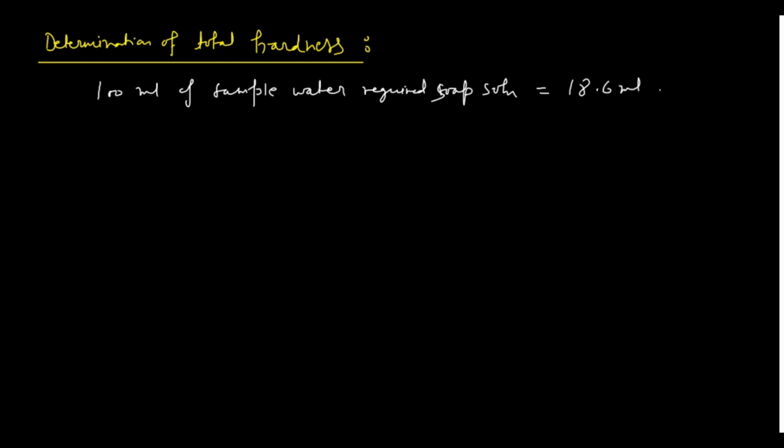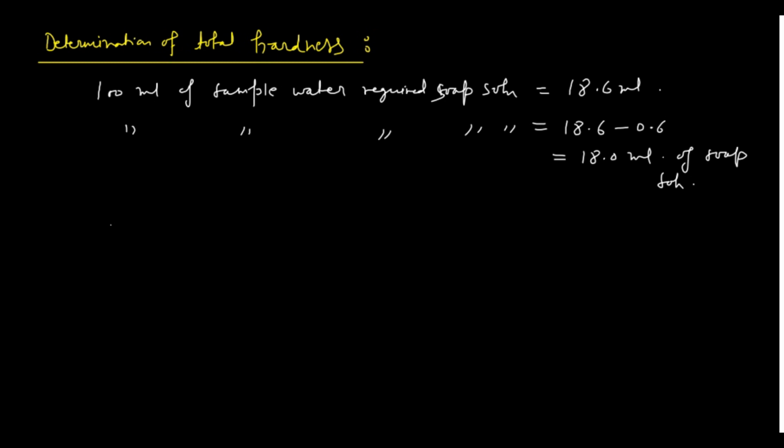There is no problem in that. And in every step you need to subtract your lather factor. Your lather factor is what? 18.6 minus 0.6 ml, that is equals to what? 18.0 ml of soap solution, right?